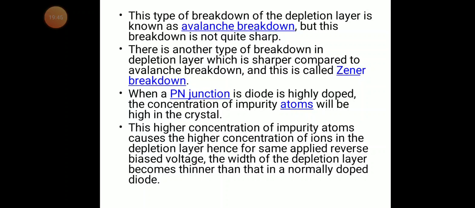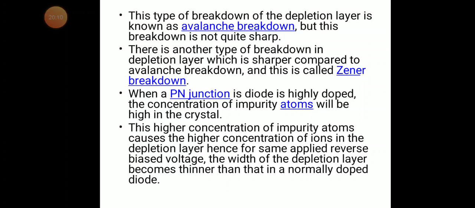This higher concentration of impurity atoms causes a higher concentration of ions in the depletion layer. Hence, for the same applied reverse biased voltage, the width of the depletion layer becomes thinner than in a normally doped diode.